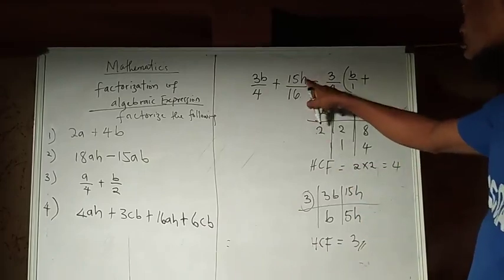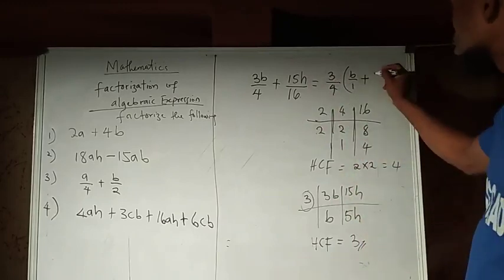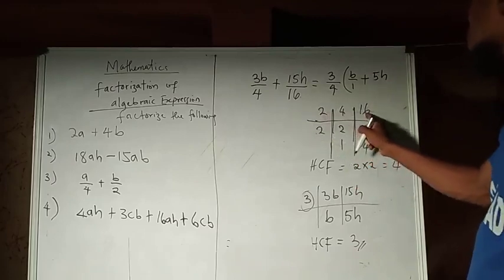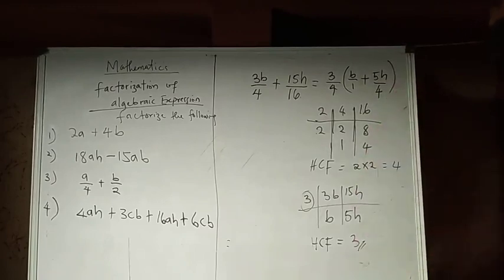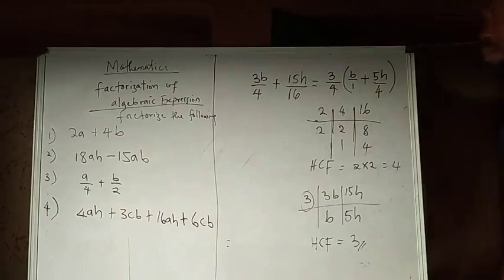That's what is left from this. When we take 3 out, we are left with 5h. And when we take 4 out, what do we have left? 4 here. So this becomes 5h over 4. So with this, we have been able to factorize this fraction. Okay, so that's how factorization works.